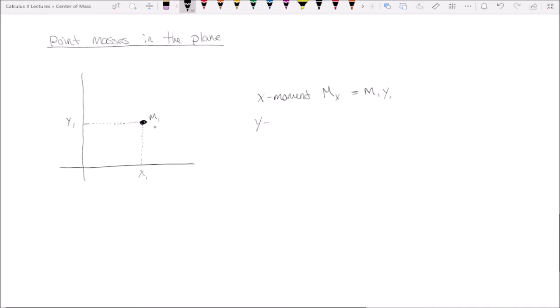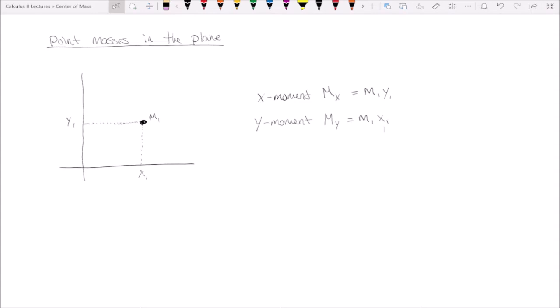Then we have the y moment, denoted as m sub y. This would be the mass times the distance from the y-axis. Well, its distance from the y-axis is x1. Now, moments are additive.